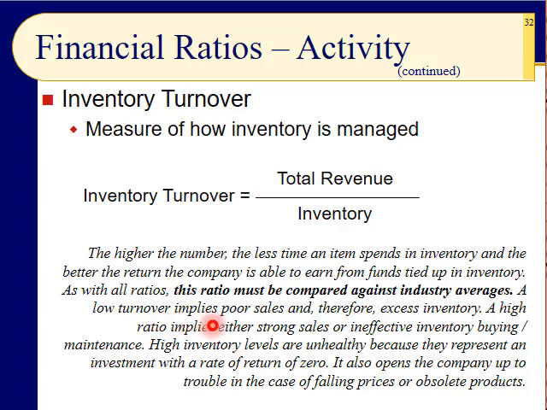A low turnover implies poor sales and therefore excess inventory. We don't want excess inventory, right? A high ratio implies either strong sales or ineffective inventory buying and maintenance. We don't want that either. High inventory levels are unhealthy because they represent an investment with a rate of return of 0.